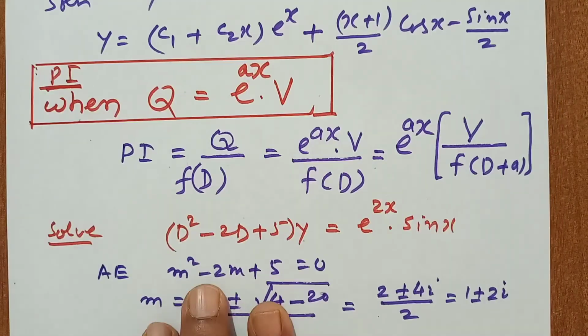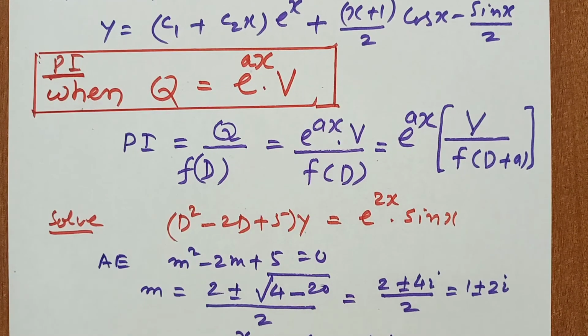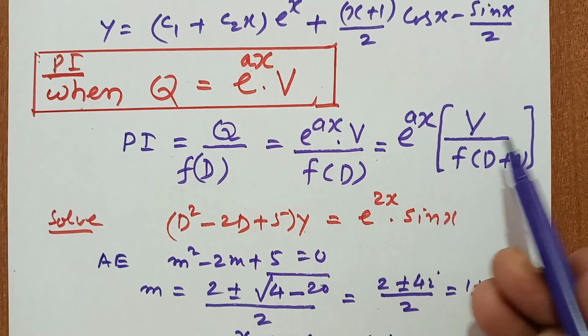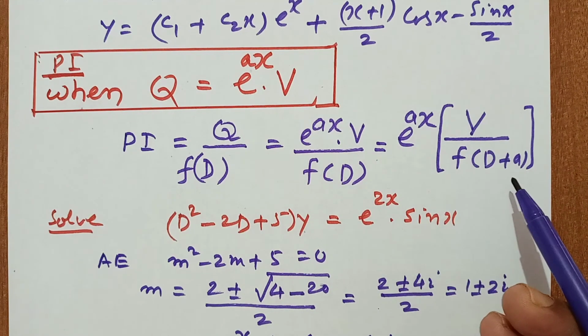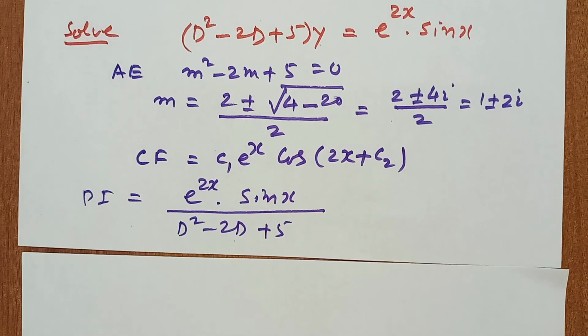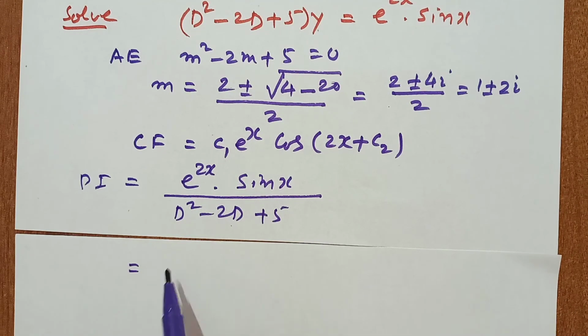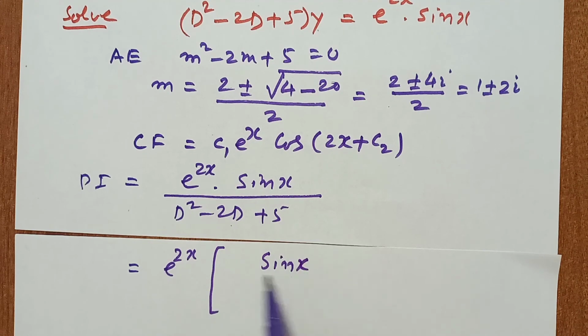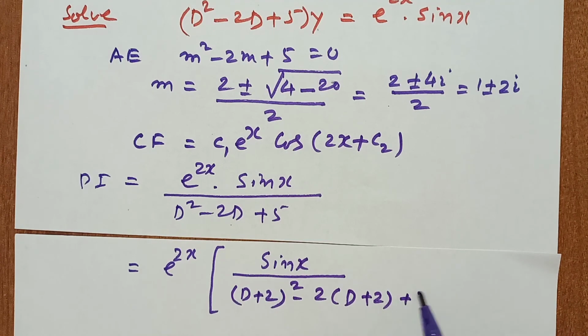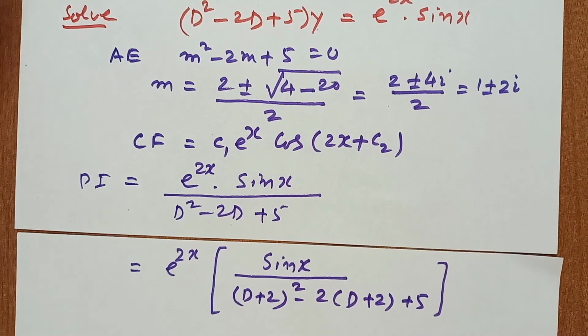What is the formula? e to the power ax into V is equal to e to the power ax outside, and we calculate only V upon f(D plus a). So here this is very easy. This is equal to e to the power 2x outside, and we calculate sin x upon, in place of D is D plus 2. So (D plus 2) squared minus 2(D plus 2) plus 5. Okay, so this is very easy.